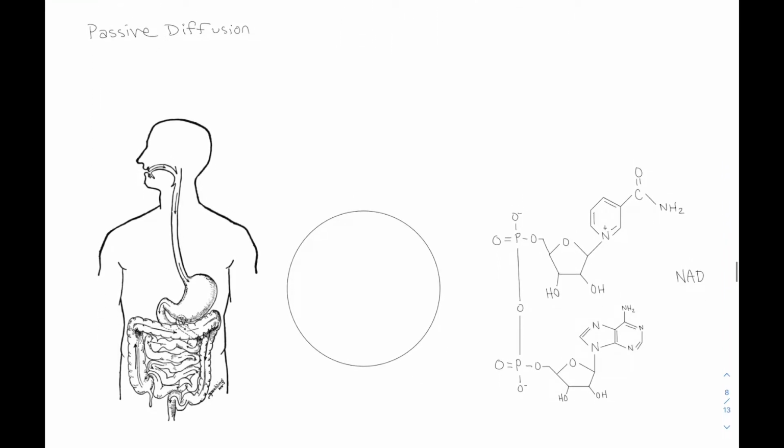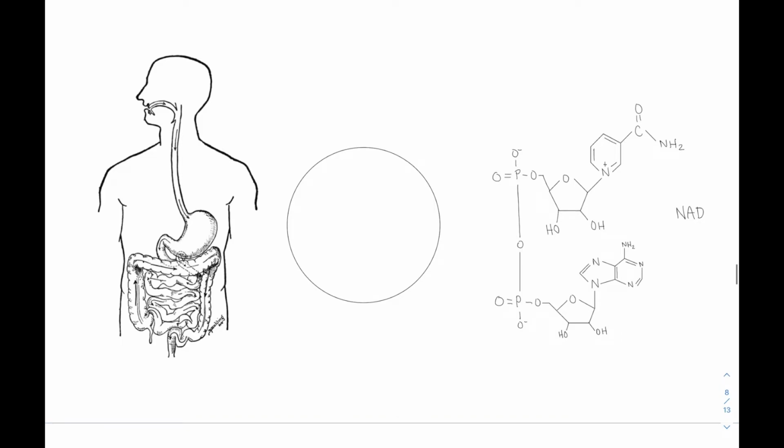With passive diffusion in our body, niacin comes in, goes through our stomach, and goes into the small intestine. I want you to imagine that we're in the small intestine, looking inside of our intestines.